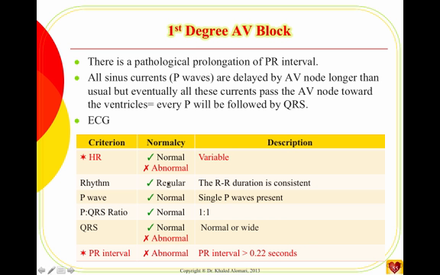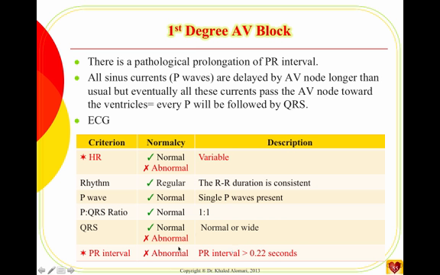The P wave is normal. There's no problem with the SA node. It gives you a normal P wave. The ratio is 1:1 because, as I said, the AV only will hold the P wave but eventually will pass and cause a QRS. There's nothing wrong with the ventricle, so the QRS should be normal, and the QRS width should be normal.